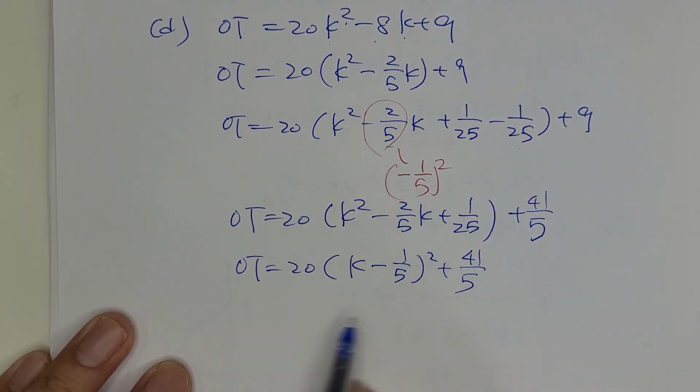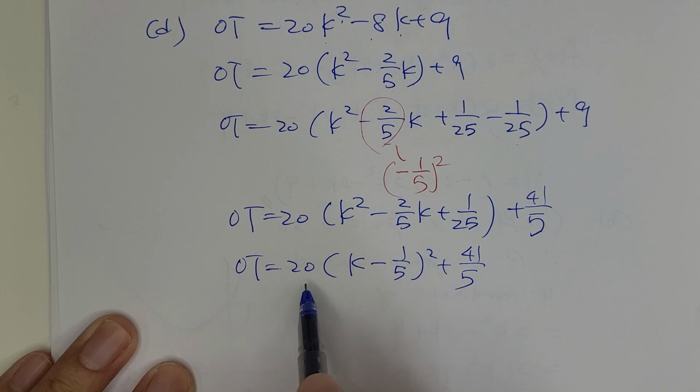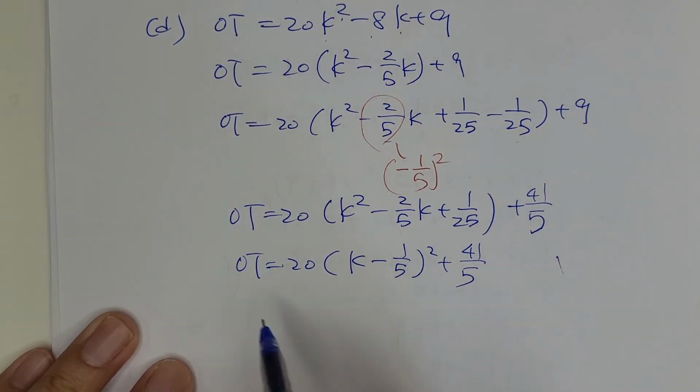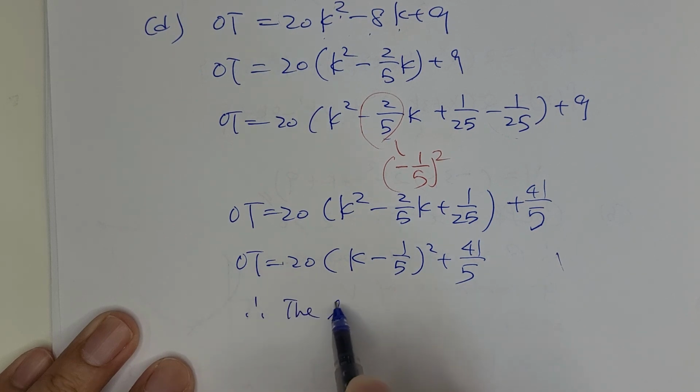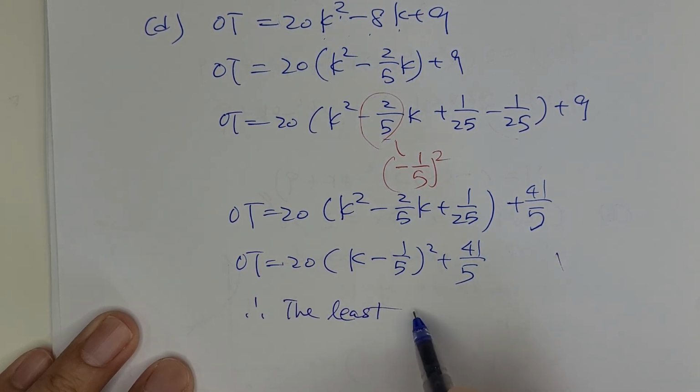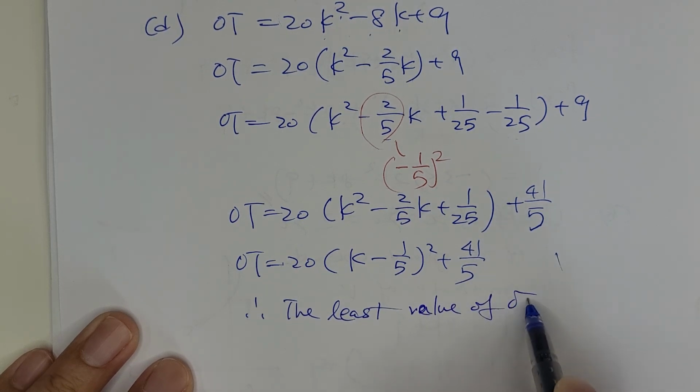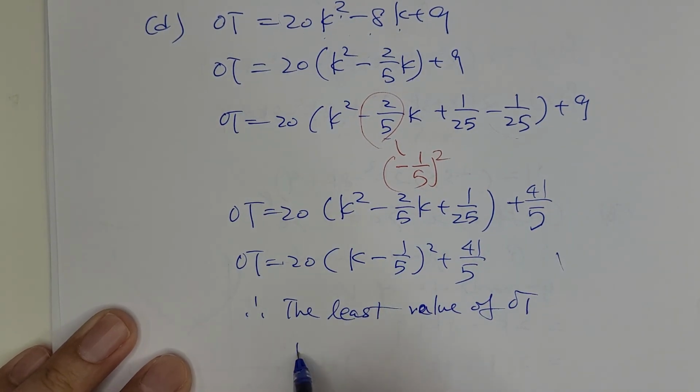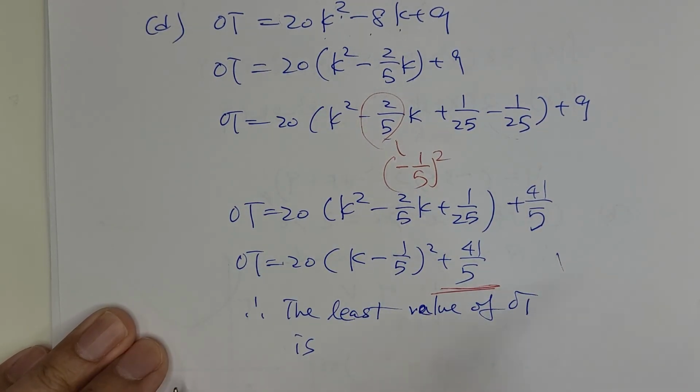That's the perfect square format, or vertex form. As 20 is positive, that means open upward, so it would have a minimum value, and hence the least value of OT is this one, 41 over 5.